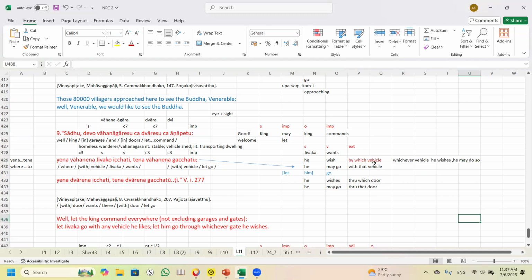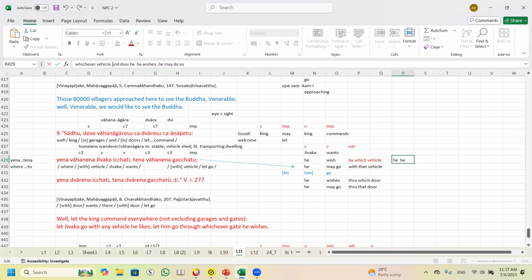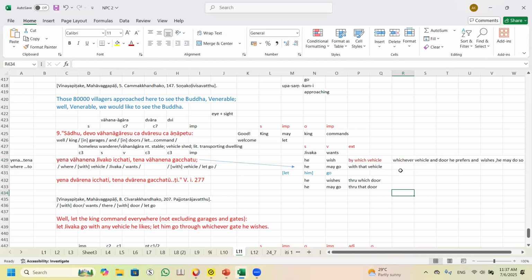So in this case, if you combine this: whichever vehicle and door he prefer and wish, he may do so.